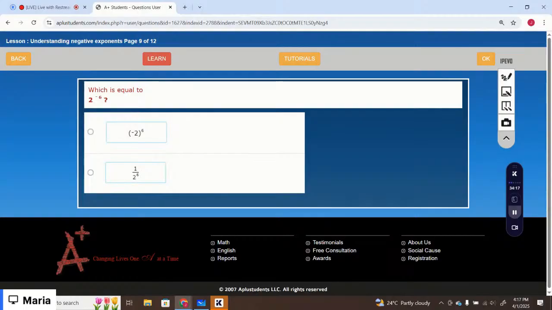Which is equal to 2 exponent negative 6? Option number 2 is the correct option.